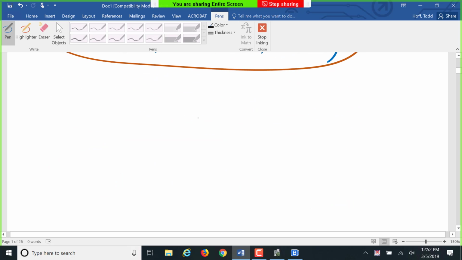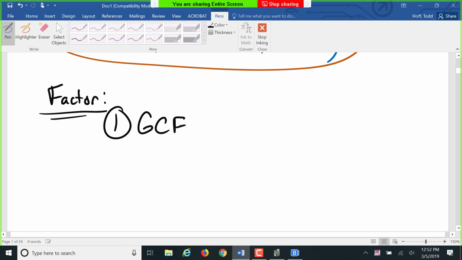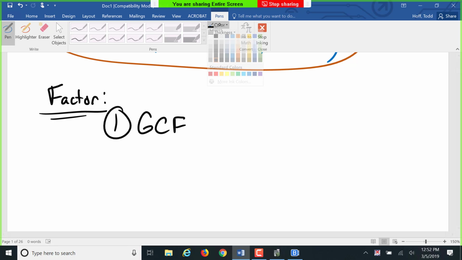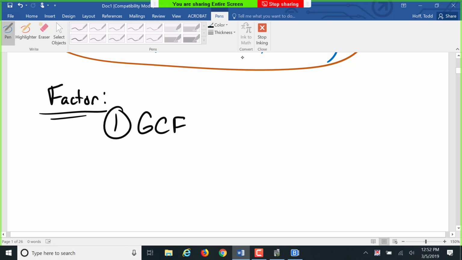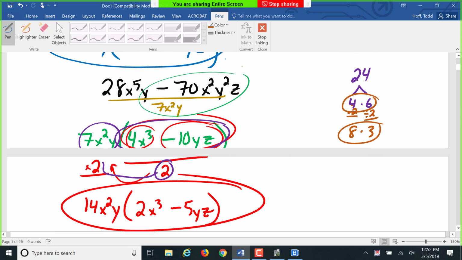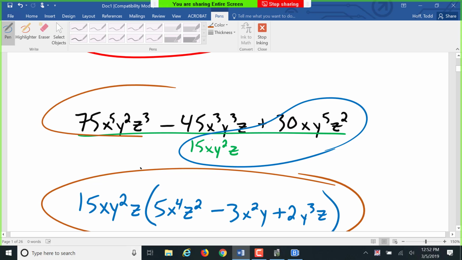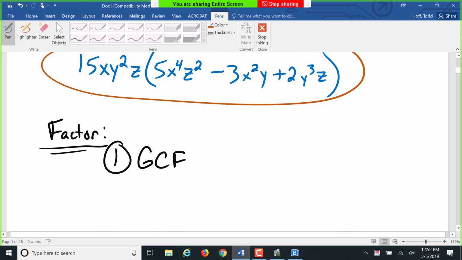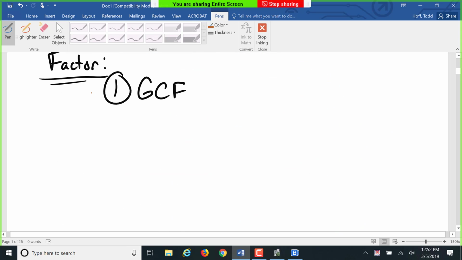Okay, so when we're asked to factor, the first thing we will always look for is a greatest common factor. And the greatest common factor doesn't depend on how many terms there are. We did some with 2 terms up here. We did an example here with 3 terms. And we could have 4 terms.